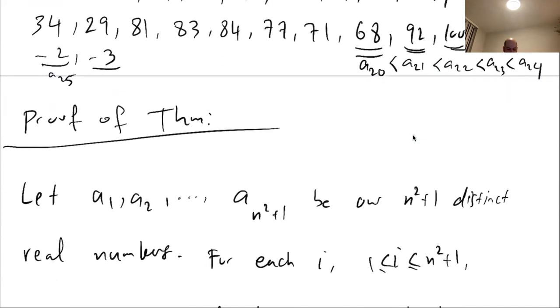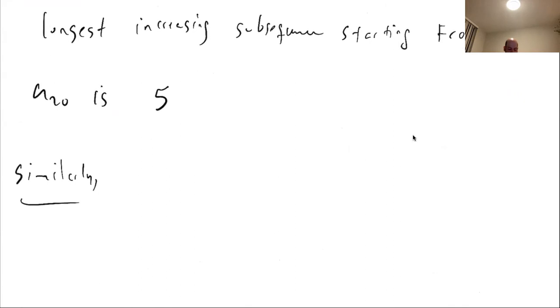So I can say a20 is bigger than -2, which is a25, and -2, which is a25, is bigger than -3, which is a26. So similarly, a20 is bigger than a25, bigger than a26. So that's it. This is the longest decreasing subsequence that I can have starting from 68, which is a20.